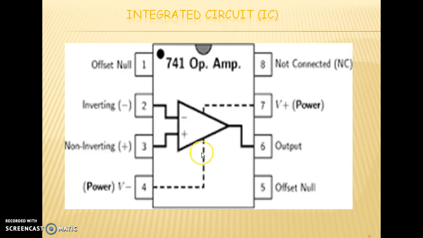And eighth is no connection, that is NC. So this is the pin diagram of IC 741. By knowing this pin configuration, we can easily fabricate a circuit using an op-amp on a breadboard.